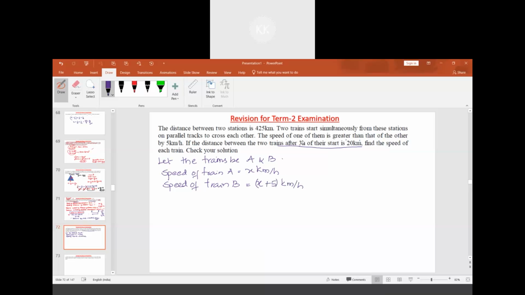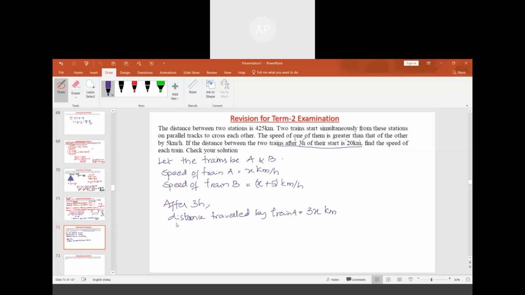Now we'll take this time into consideration. After 3 hours, the distance traveled by train A will be equal to time into speed, so 3x kilometers.